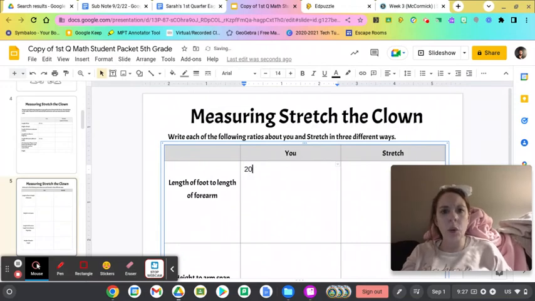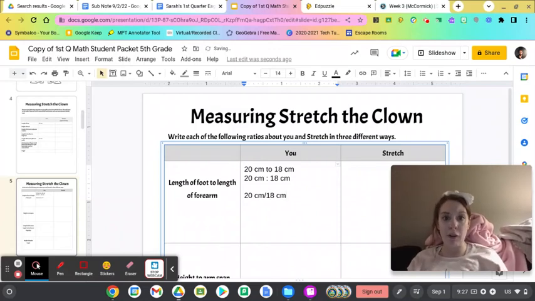So I would say 20 centimeters to 18 centimeters. 20 centimeters colon 18 centimeters. And then finally, for typing purposes, I'll put a slash: 20 centimeters, slash, 18 centimeters. And that would be my fraction.